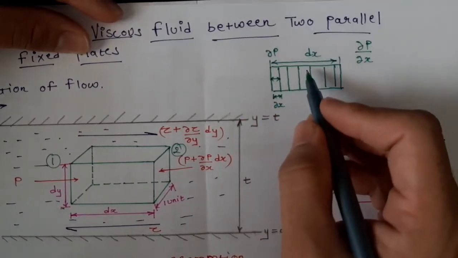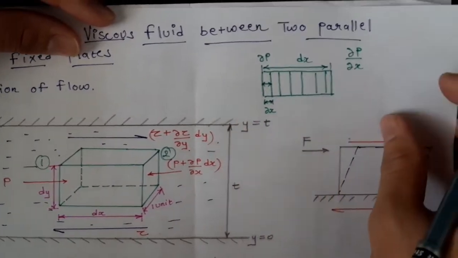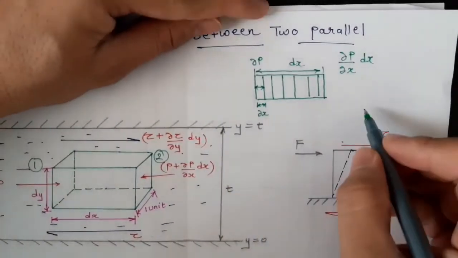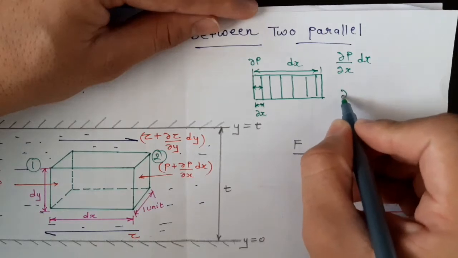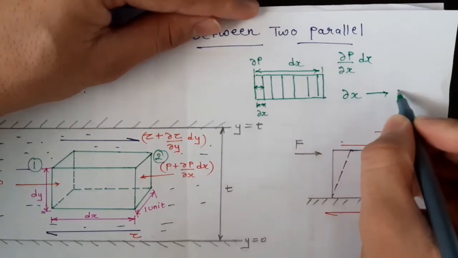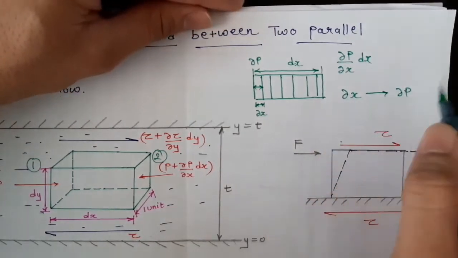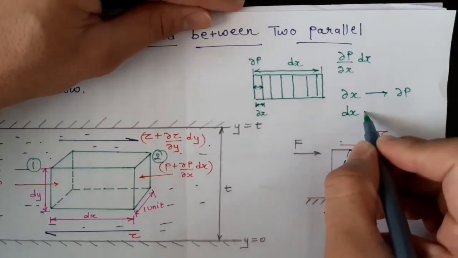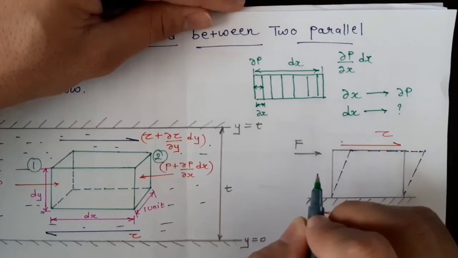I will show properly. For a small length del X we have pressure del P. Now for the total length dx, how much pressure do we have? We want to find this.